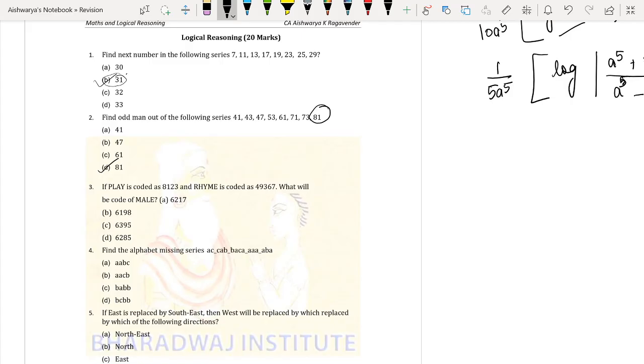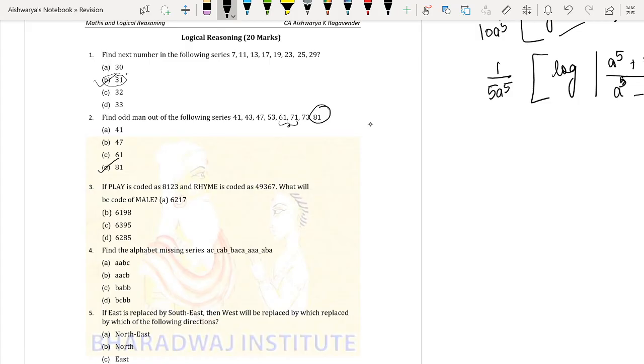Harshit, ma'am, also if you check the difference between them, 24 24 keeps repeating, ma'am. So you can also check it like that, right? Yeah, you can do that. Correct. But here it is 10. No, it is not 24. Okay, ma'am.